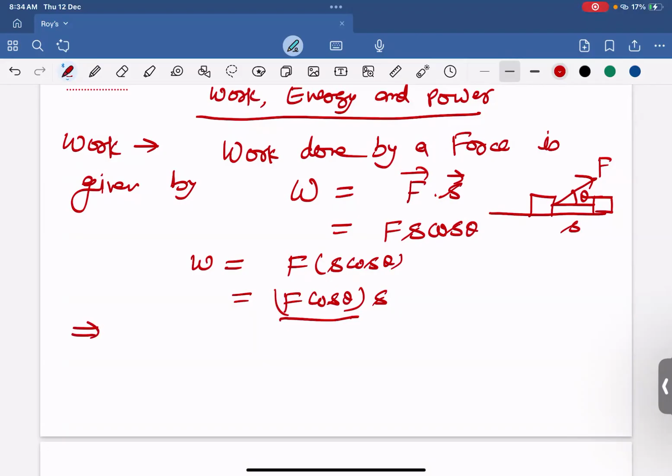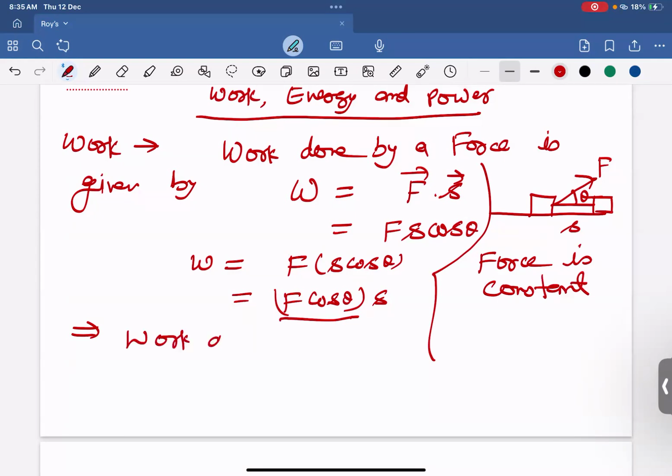This formula we use when force is constant. Work done is a scalar product, a dot product example.